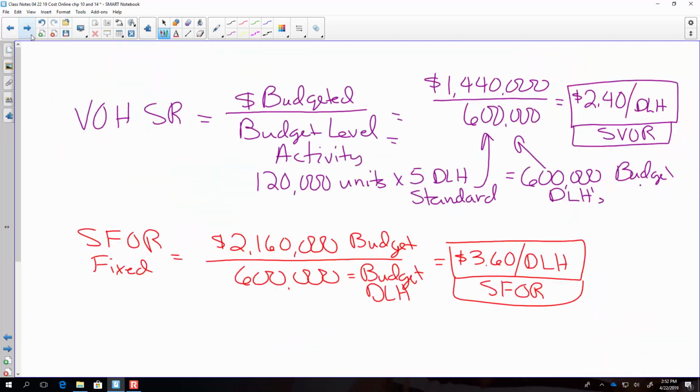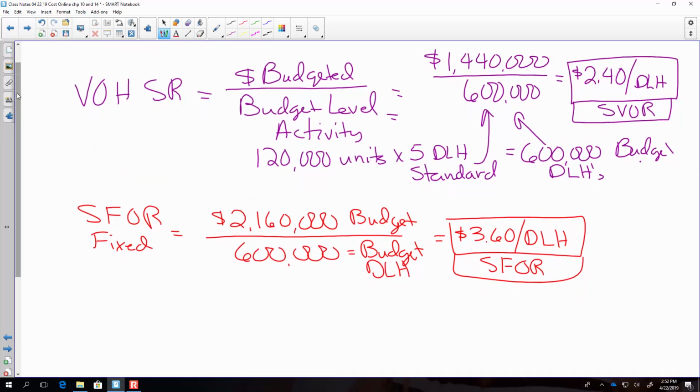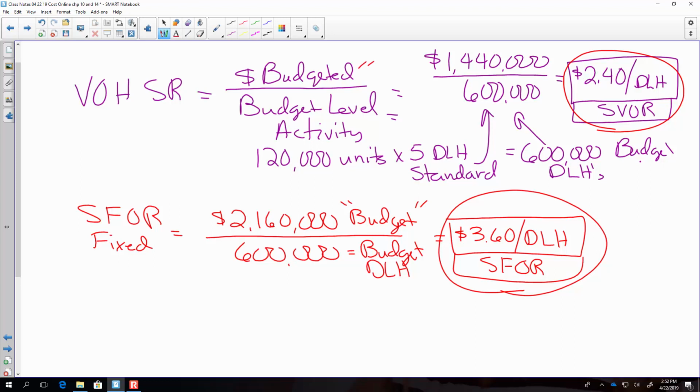And then also remember, with these computations, that the rates, the standard rate for variable, the standard rate for fixed, is always based on budget numbers. Budgeted dollar amounts on top, budgeted activity level on the bottom, and the activity level will always be direct labor hours in this overhead section.